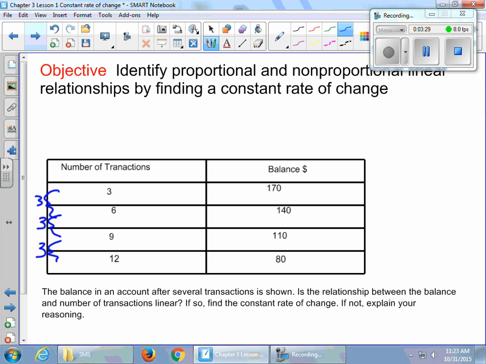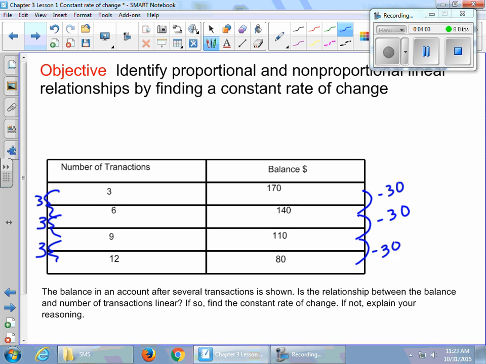Now let's look at our balance. Our balance went from $170 to $140, so it had a change of minus 30. It went from 140 to 110, once again a change of negative 30. And the last transaction went from 110 down to 80, which also has a negative 30 change. So our balance had a rate of change of negative 30, and once again, that is constant.